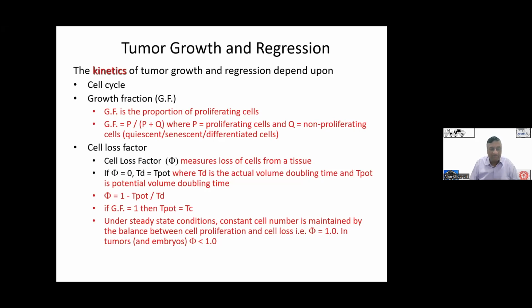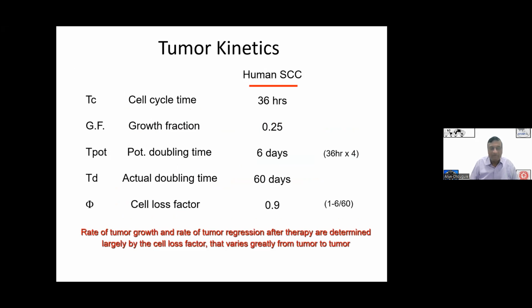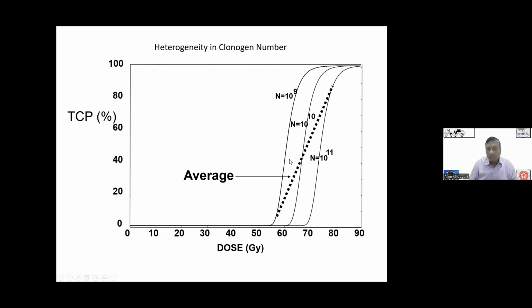Tumor kinetics is another chapter where growth fractions will come, because it depends upon the cell cycle also. For example, if the cell cycle time is 36 hours and the growth fraction, that is the number of stem cells, is 1 out of 4, then the doubling time is 6 days. So that is what the tumor log is.